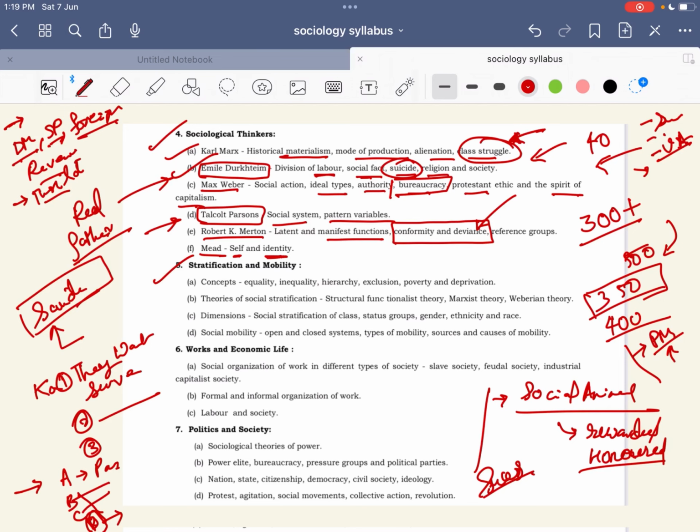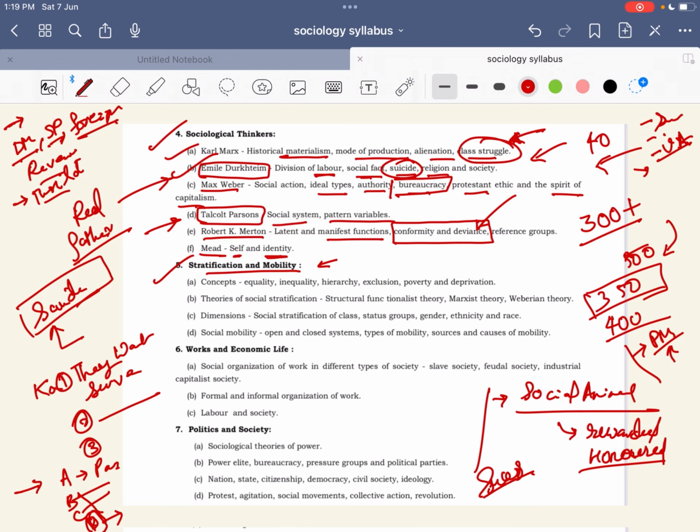And then there is stratification and mobility. So what is sociology? In society, whether you take a western society or Indian society, everywhere there is stratification. What is stratification? One layer above the other, or you can say one person is above another person in terms of authority, power, prestige, money, you understand. So that is there.